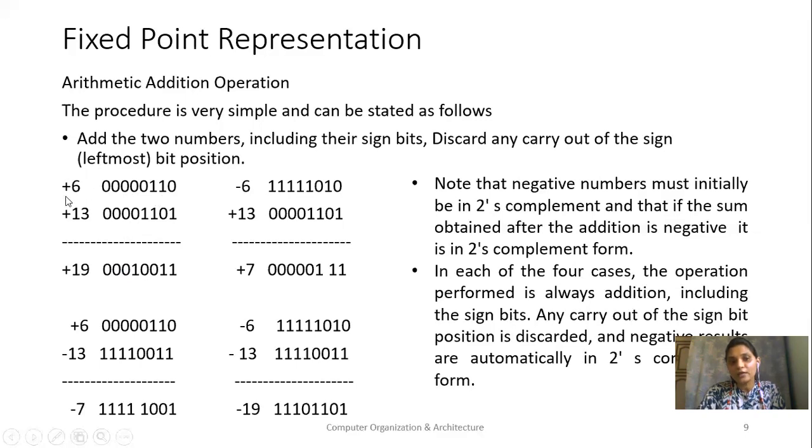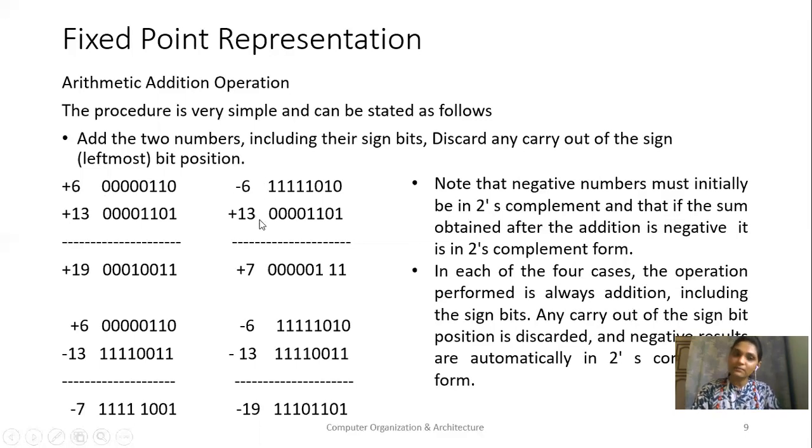What if any one number is negative? If one number is negative, then you have to represent that number in 2's complement form. So you have to represent minus 6 in 2's complement form. How can you find it? You consider the 7 bits, first find the 1's complement, then add 1 to it, that is its 2's complement, and put 1 as its sign bit.